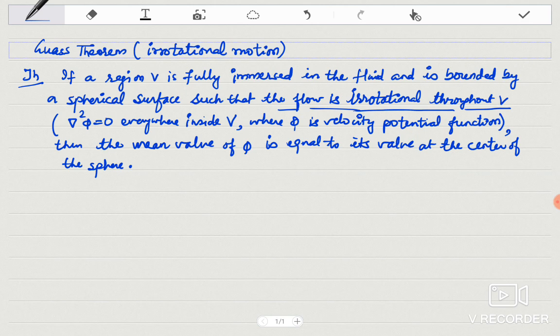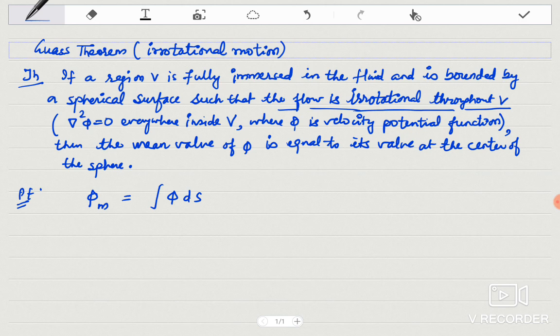So what we do, we have to find phi m, and as per definition, what is phi m? Phi m is the mean value, and you have taken the spherical surface, so the mean value will be the integral of phi dS. Suppose phi is the value somewhere on the surface.